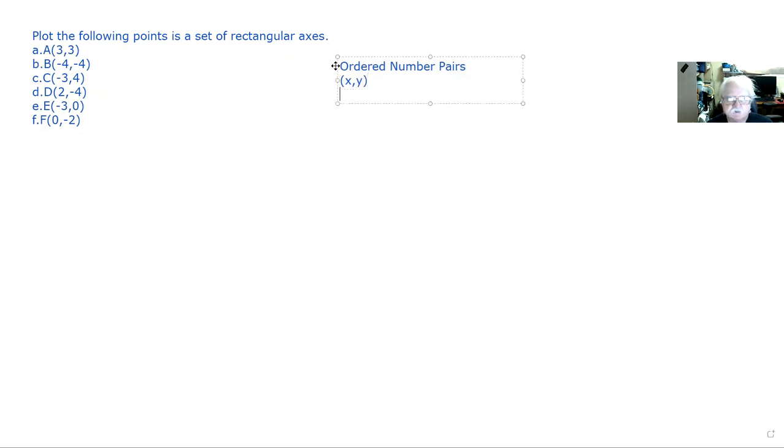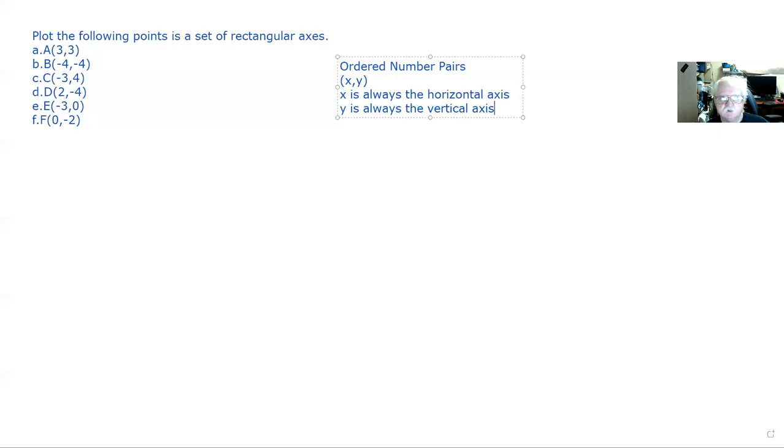And on this system, x is always the horizontal axis, and y is always the vertical axis, only because that's the way they've chosen to make it. And it's too late to argue with them.